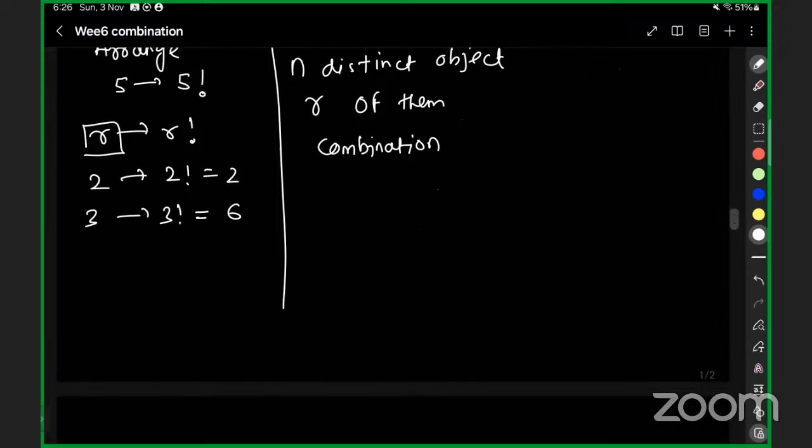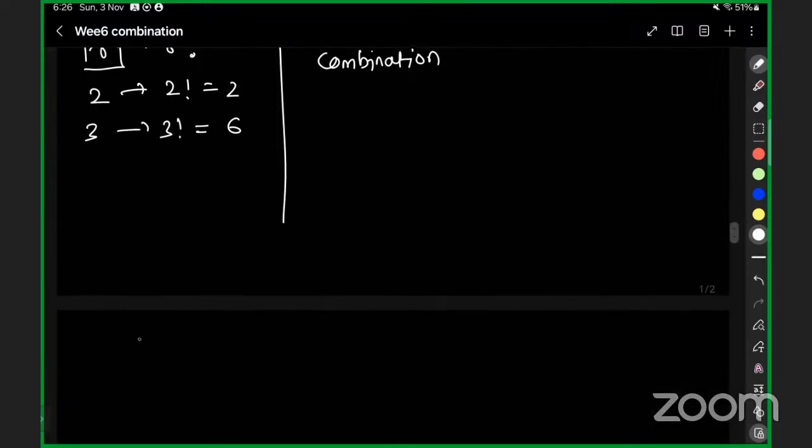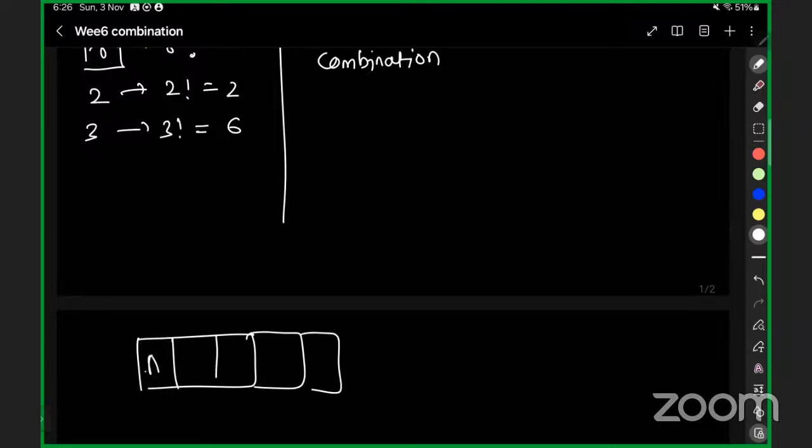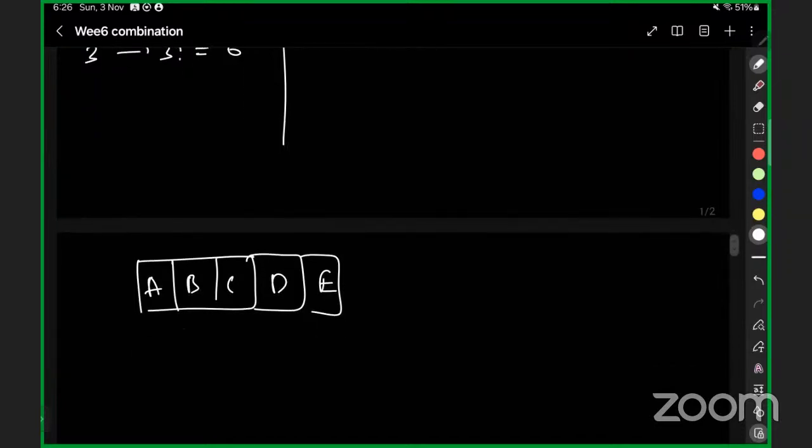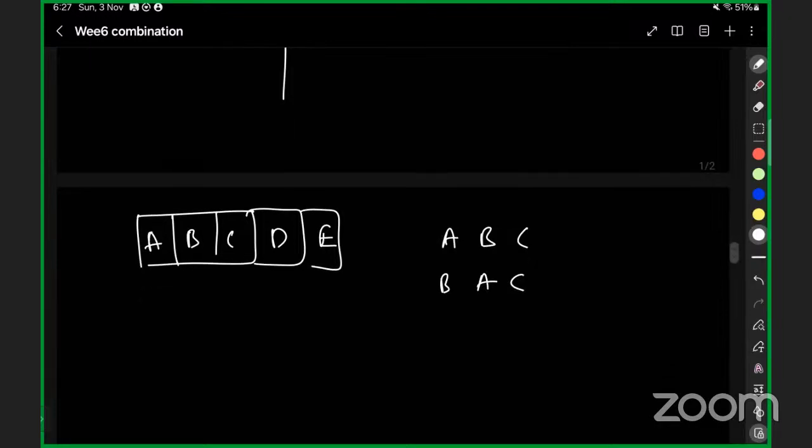That means, let's say you have 5 books, A B C D E. Let's say you wanted to select 3 books, right? So if you select A B C, or you select B A C, is there any difference? No, right? It's just three books you have to pick up and take. So the order of picking doesn't matter.